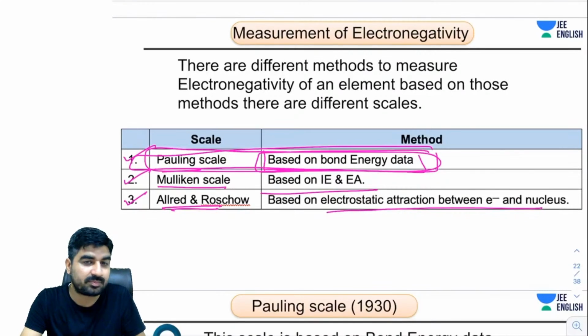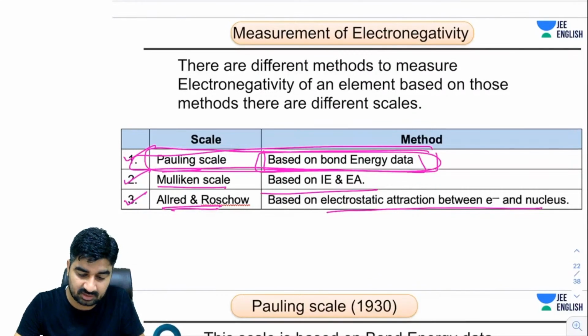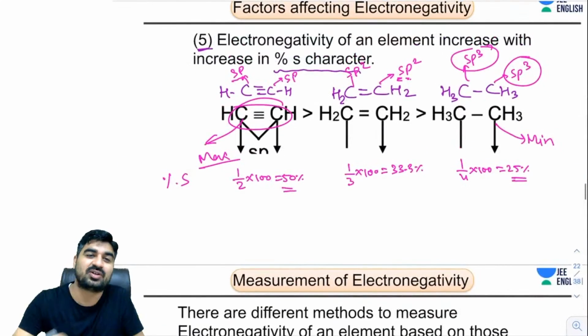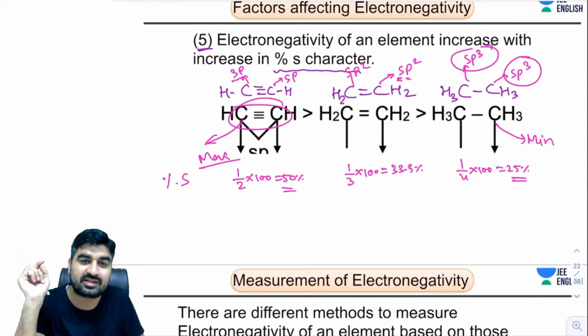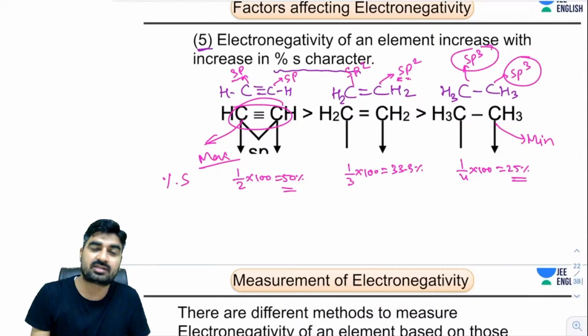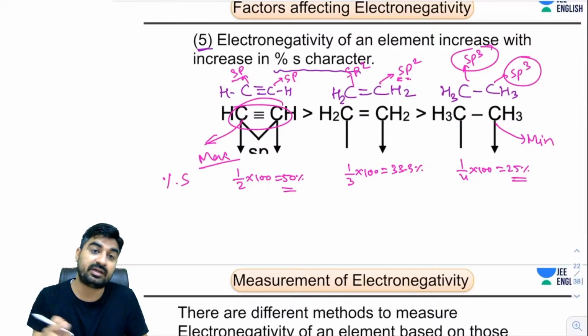Yes, any doubt? Please ask me. Yes, Captain. I do not understand, sir. Which point? Actually, I just told you, you are not going to understand it. You will understand it once you study chemical bonding. So just note this point down, and after chemical bonding, read it again. Then you will understand it.